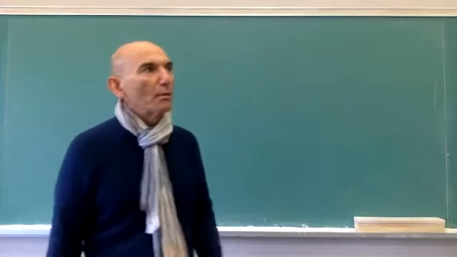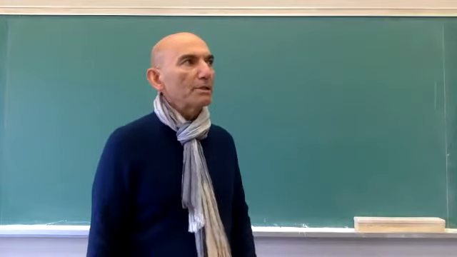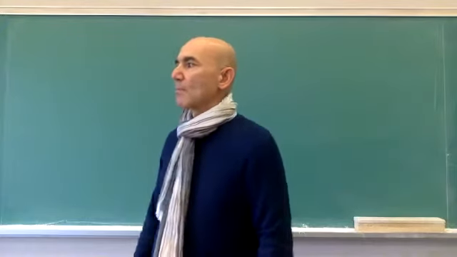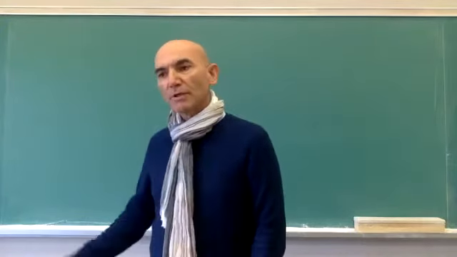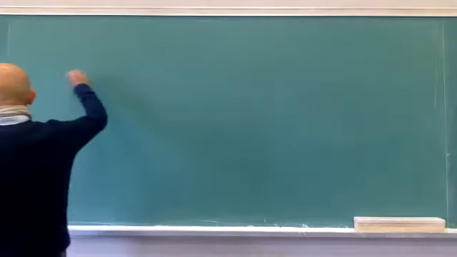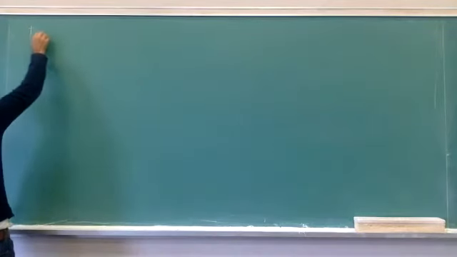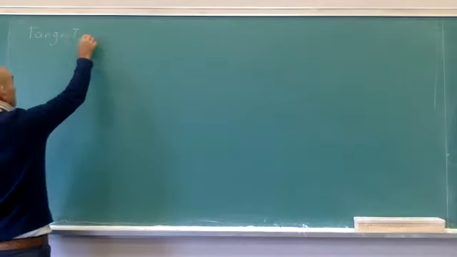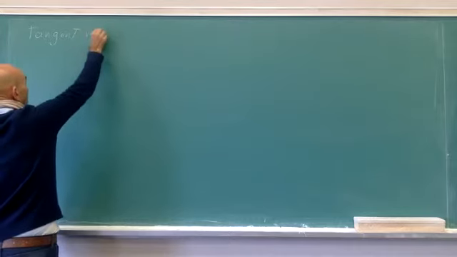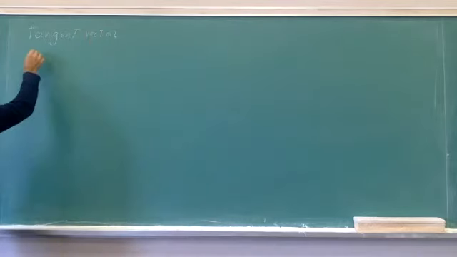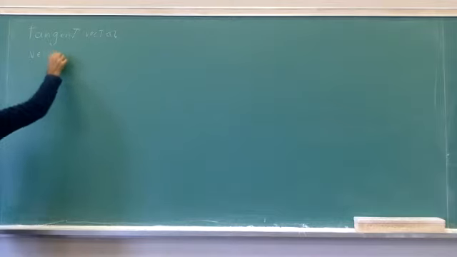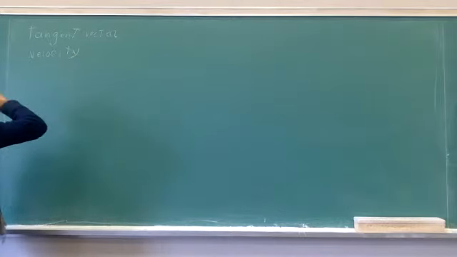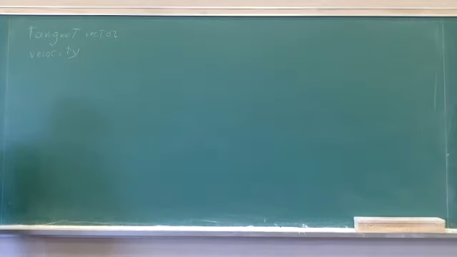Okay, so last thing we did, you remember, was the tangent vector to a curve. And then immediately we discussed the idea of velocity and the idea of tangent line also, just building on this first idea.